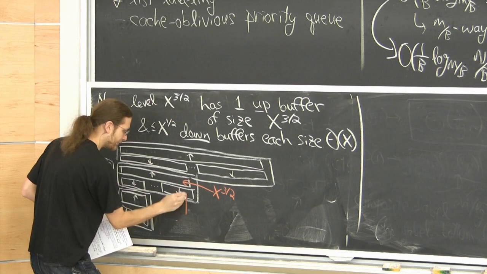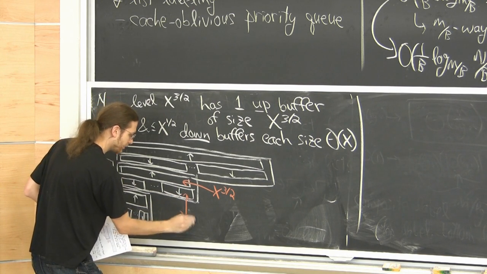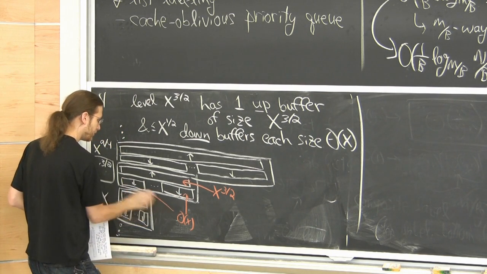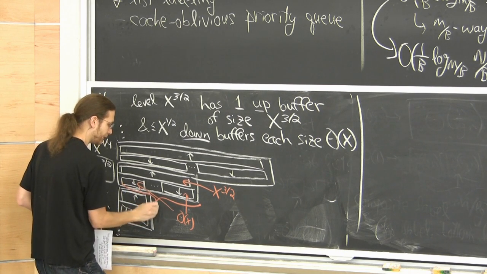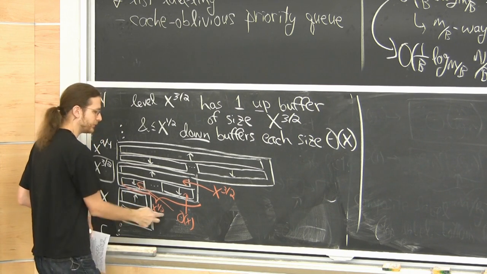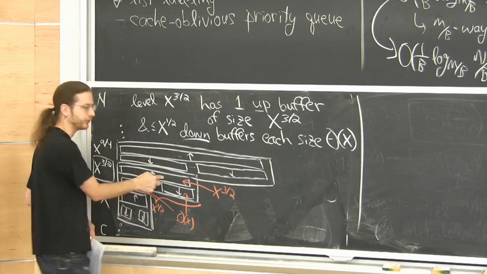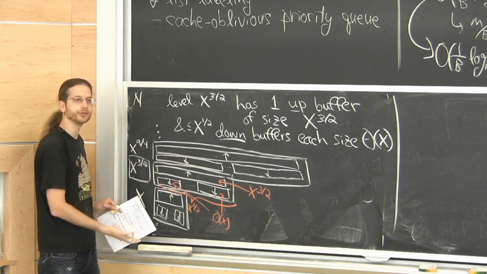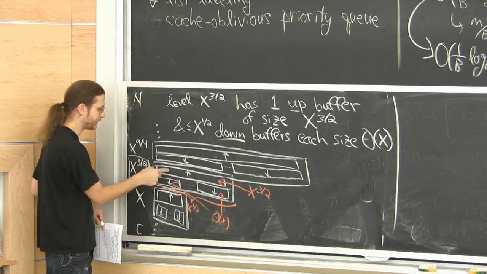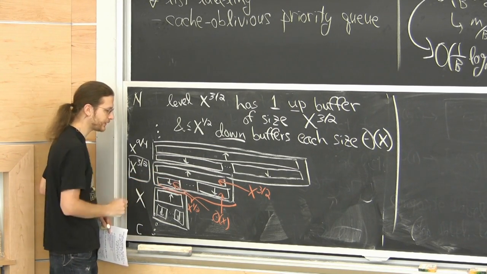So each of these guys has size theta x. And then the number of them is at most x to the 1/2. And so you take the product, that's x to the 3/2, which is the same as the up buffer. Okay, so that's the way this cookie crumbles. That's how each of these guys decomposes into little pieces.